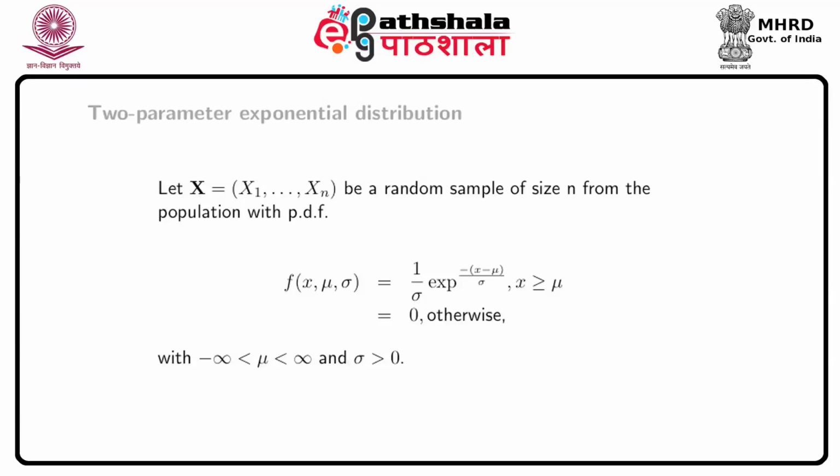Next, we shall consider the two parameter exponential distribution. Let x be a vector valued random variable with x1, x2, ..., xn as elements, where x1, x2, ..., xn are IID according to f(x, mu, sigma) = (1/sigma) e to the power minus (x - mu)/sigma, with x greater than or equal to mu and 0 otherwise, where minus infinity less than mu less than infinity and sigma is greater than 0.